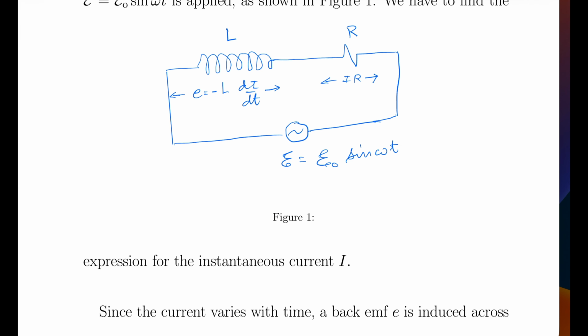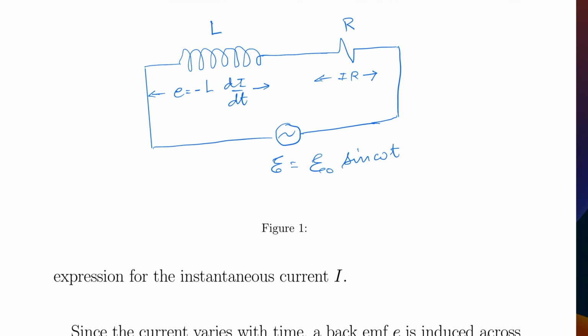Since the EMF and hence the current varies with time, there is a production of back EMF across the inductor. We represent it by a small e, and the magnitude of this is given by L times di upon dt, where di upon dt is the rate of change of current.